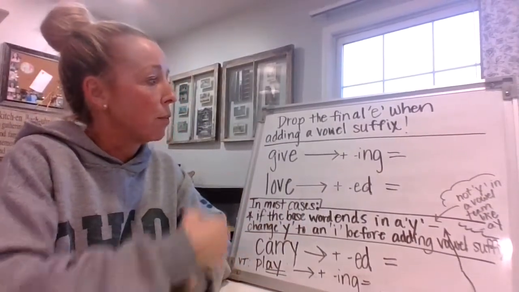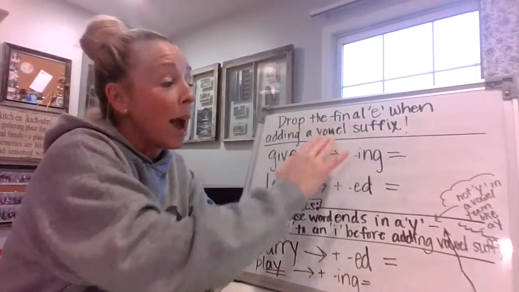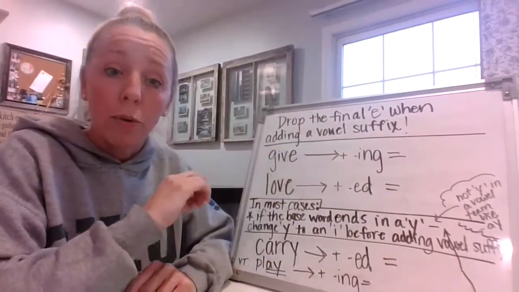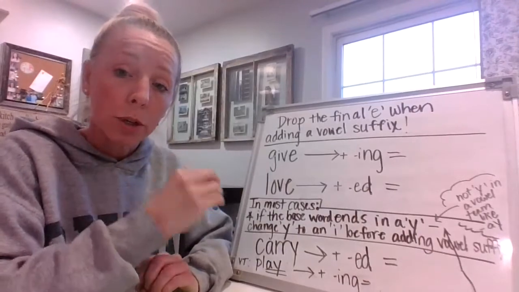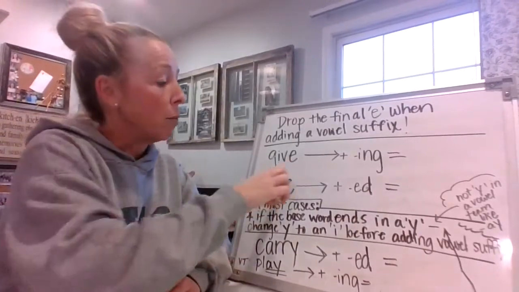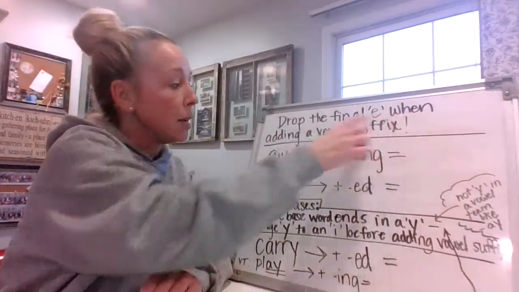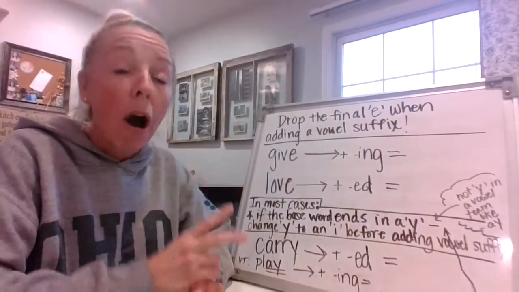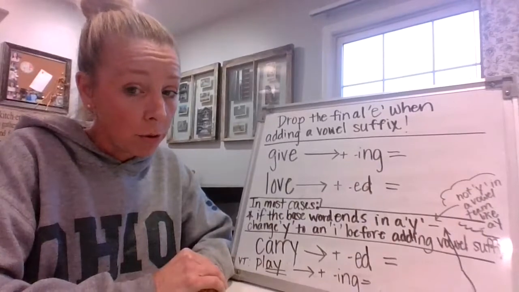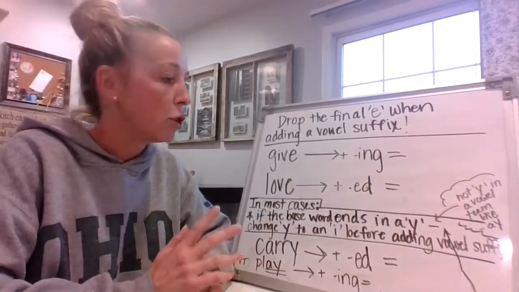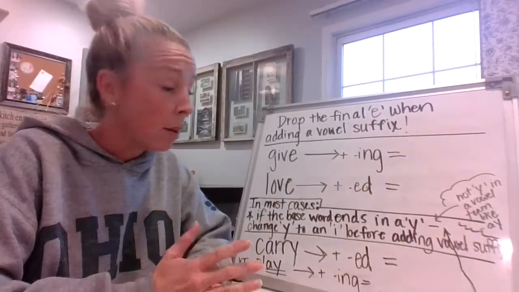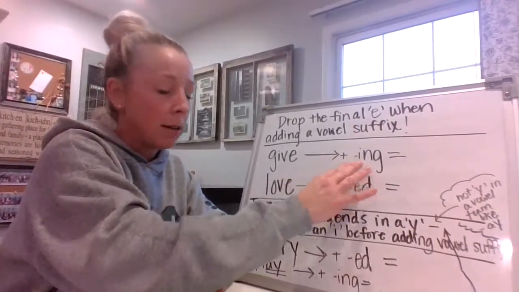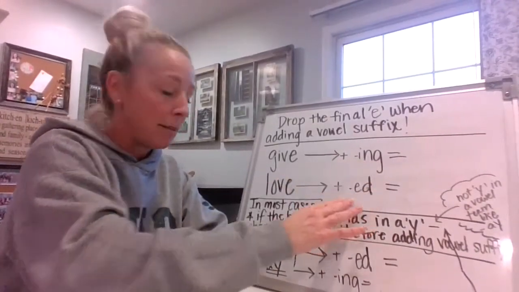Okay, so when we have a base word that ends in a final E, when you are writing, it's important to remember that we drop the final E when we add a vowel suffix. Two very common vowel suffixes that we use all the time in our writing are ing and ed.